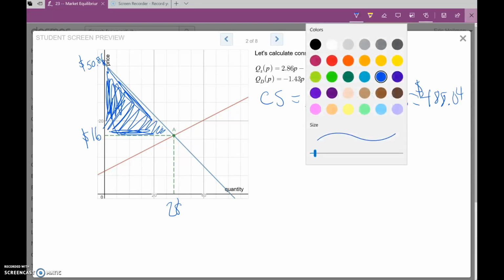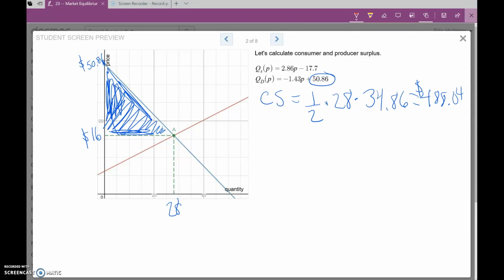Producer surplus, as you will recall from the unit we just finished, is the triangle that's above the cost line, the marginal cost line, aka the supply curve here, but below the price. Right? So looking at the supply function, we want to figure out when quantity is 0, what is the price.